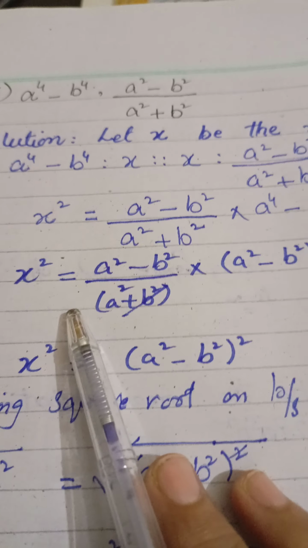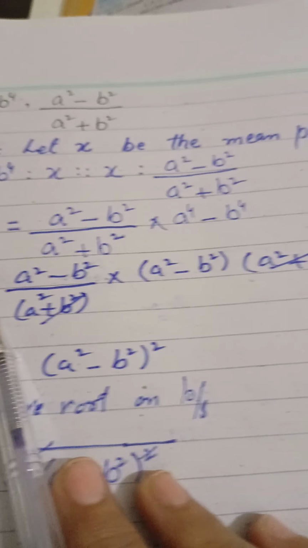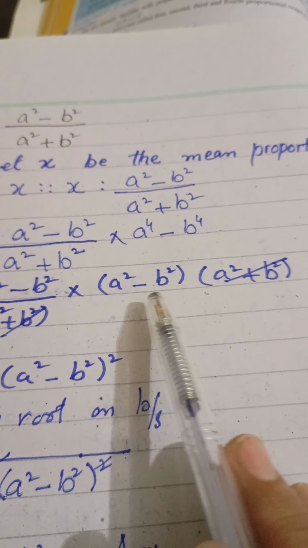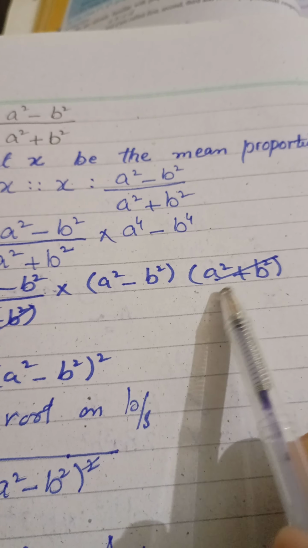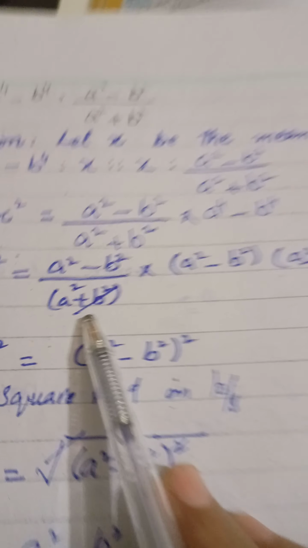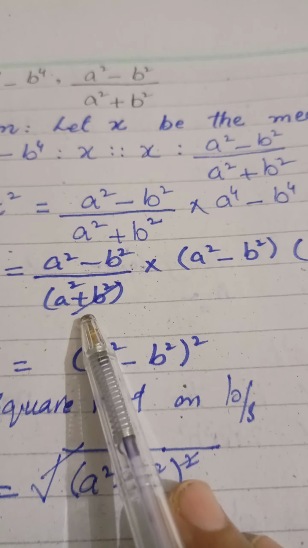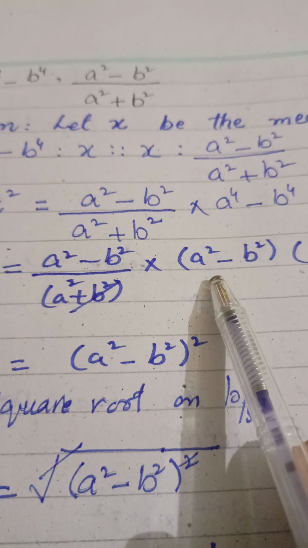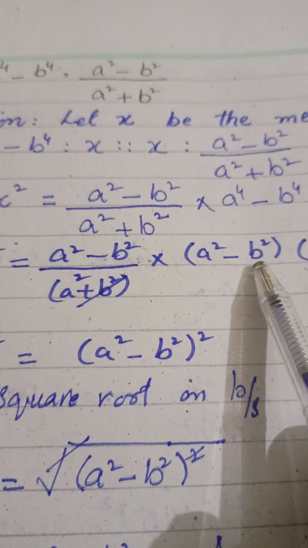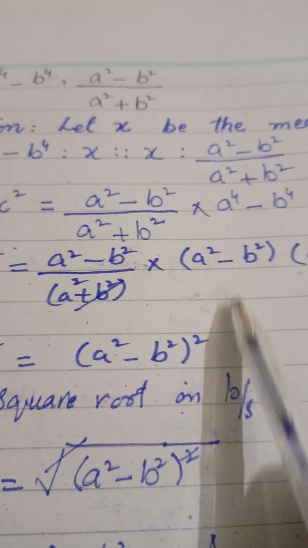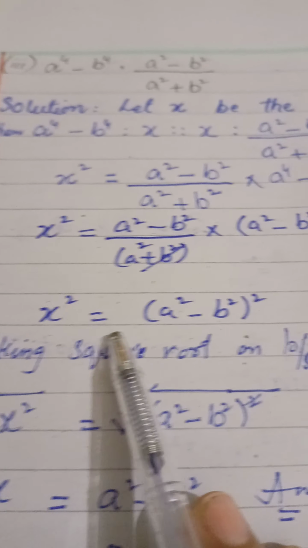And we know that a power 4 minus b power 4 has two brackets, a square minus b square and a square plus b square. A square plus b square cancels with a square plus b square. So we have two brackets, a square minus b square multiplied with a square minus b square, so x square is equal to a square minus b square whole square.